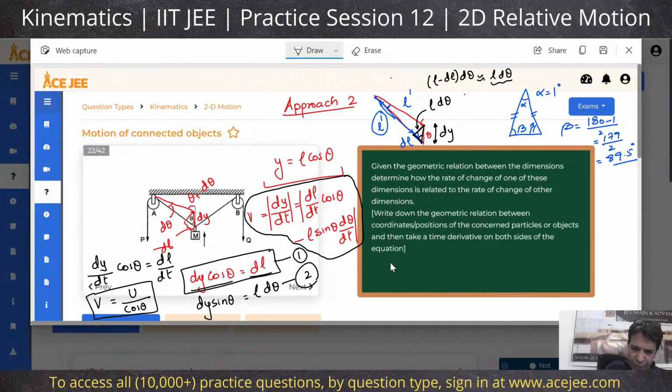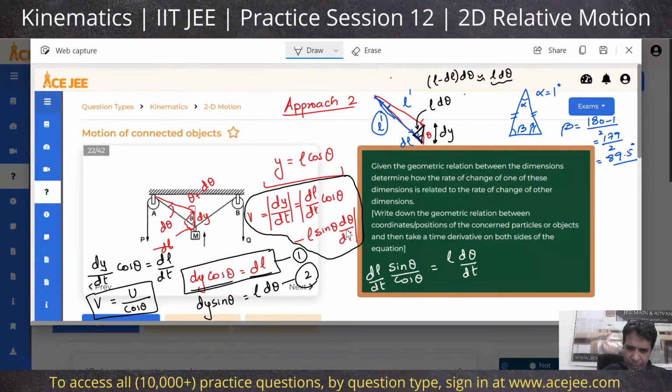So we get sine theta by cosine theta is equal to L d theta by dl. I'll take dl to the left hand side and divide by dt. So my d theta by dt is 1 by L, dl by dt, sine theta by cos theta.